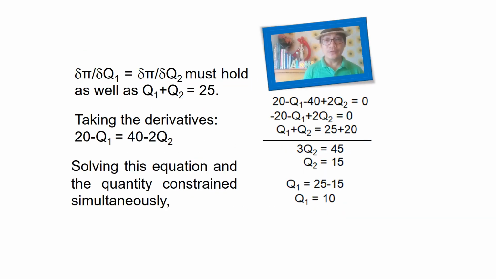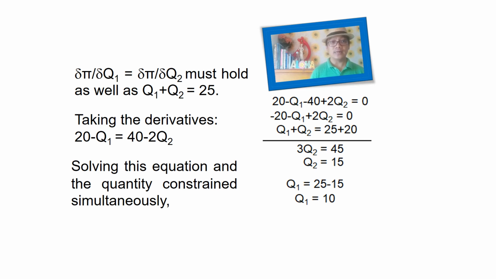To continue solving this problem, at the optimal solution, marginal profit must be equal. Thus, the partial derivative of the profit function with respect to Q1 must equal the partial derivative of the profit function with respect to Q2, as well as Q1 plus Q2 equals 25.